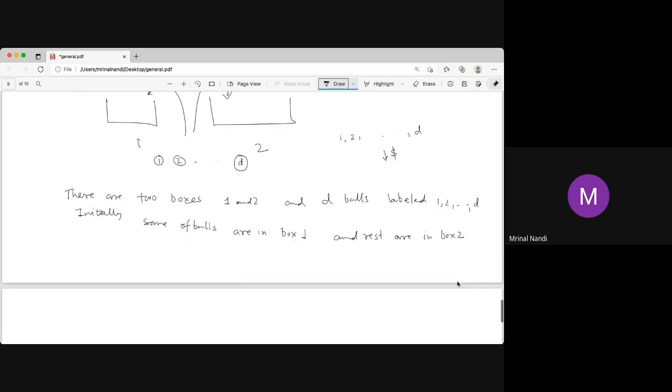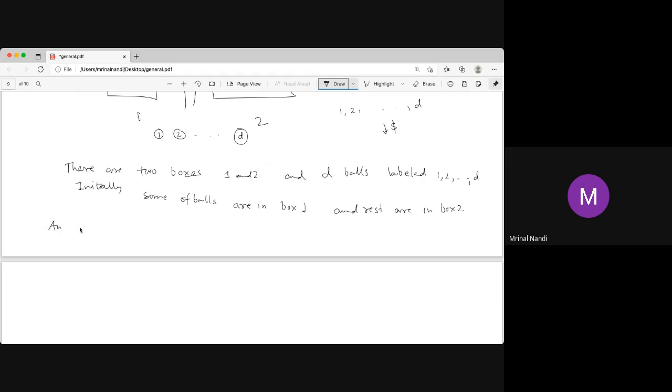Now an integer is selected from 1 up to d, randomly, uniformly.